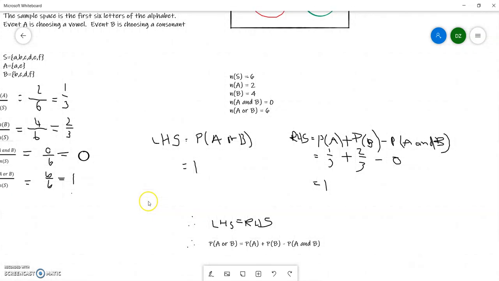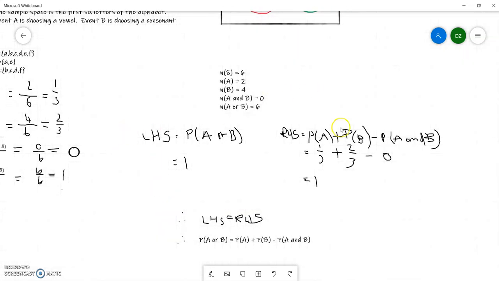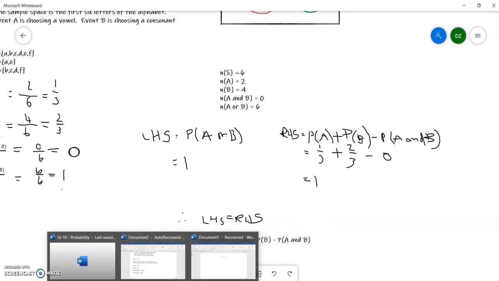When we prove or check that left-hand side equals right-hand side, we do a calculation or show the left-hand side, do a calculation or show the right-hand side, and we show if they are or not equal. In this case, they are equal, and therefore we checked what they asked us to check. There you go. Now it's your turn for number 1, 3, and 4.